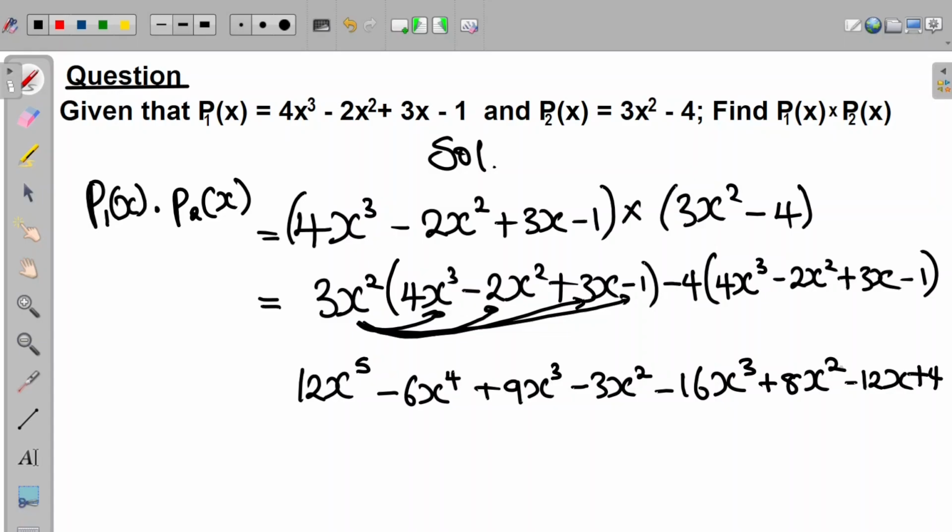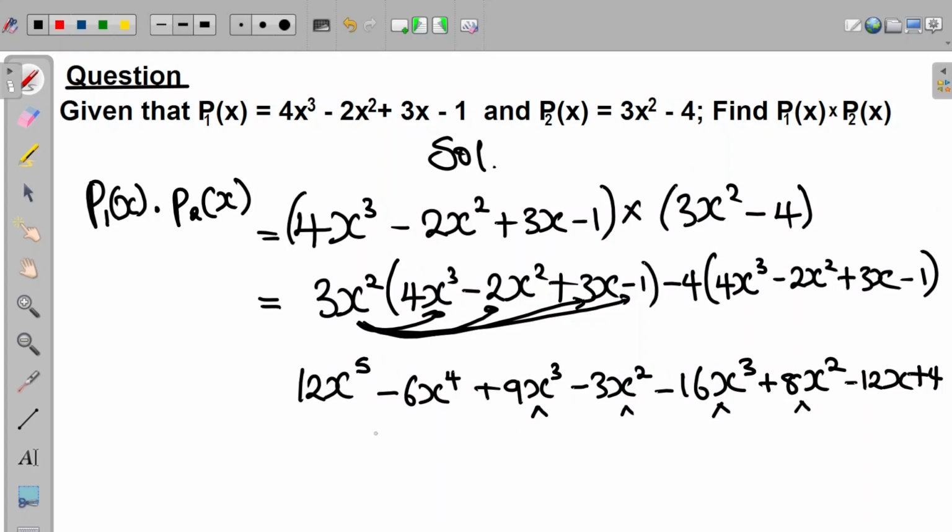Now, if we simplify further, at this point we have x to the power 3, and also here we have x to the power 3. At this point, we have x to the power 2, and also we have x to the power of 2.